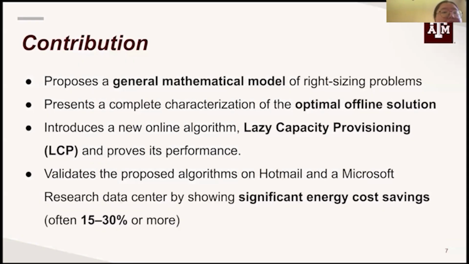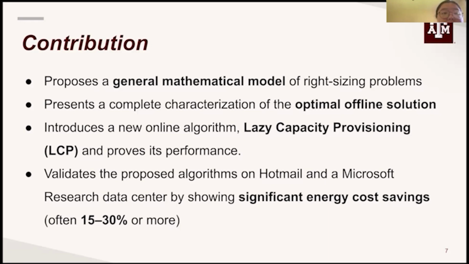Therefore, here we did a quick summary of the contributions of this paper. First of all, it proposes a general mathematical model that will be more generalizable compared with the previous analytical work we just mentioned. Secondly, they came up with a complete characterization of the optimal offline solutions.